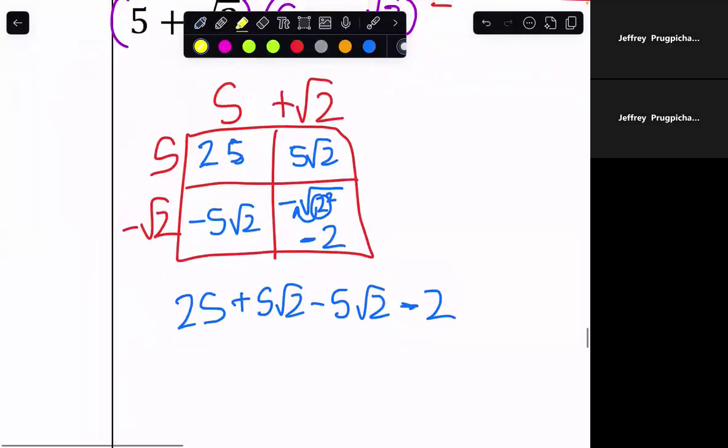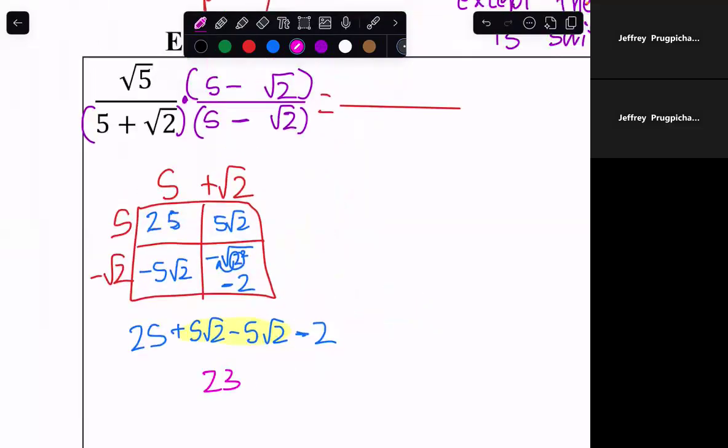These middle two are like terms, and they completely cancel out. Positive 5 of something minus 5 of that same thing would be 0 radical 2, which just goes away. Then I have 25 minus 2, so this whole thing simplifies to a single number, 23.